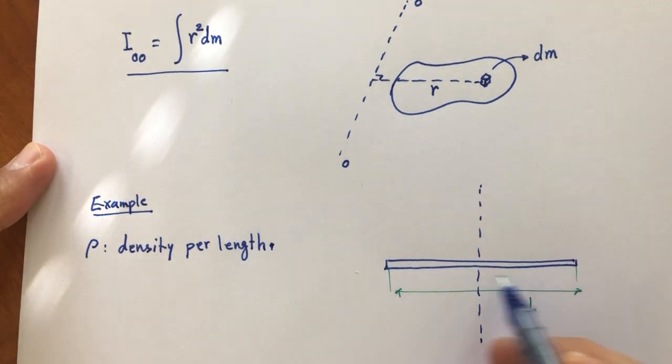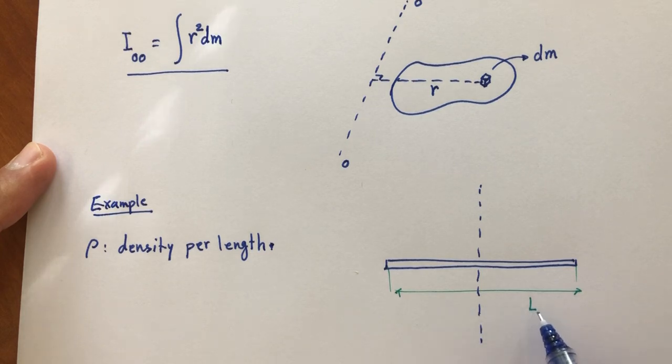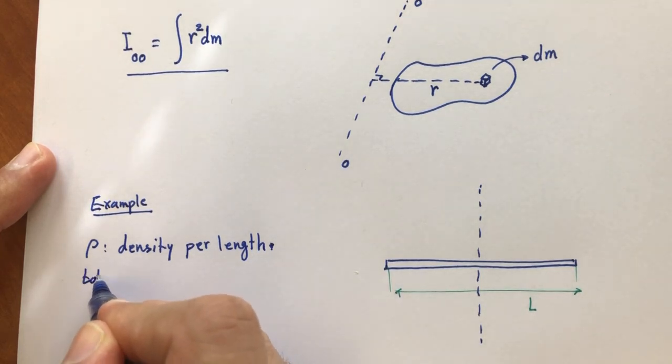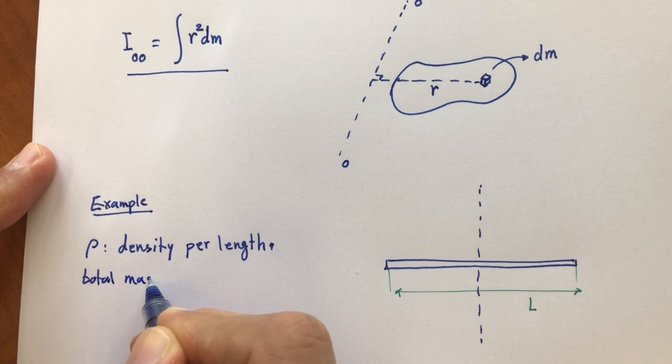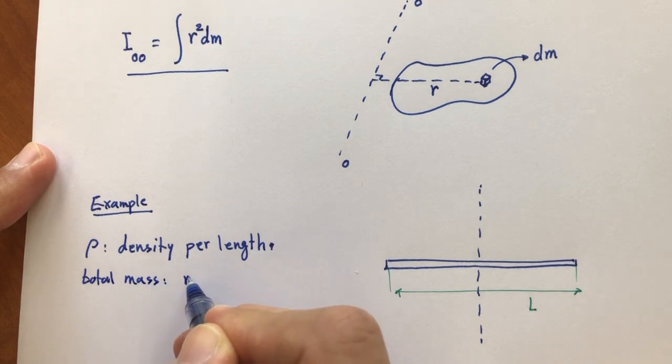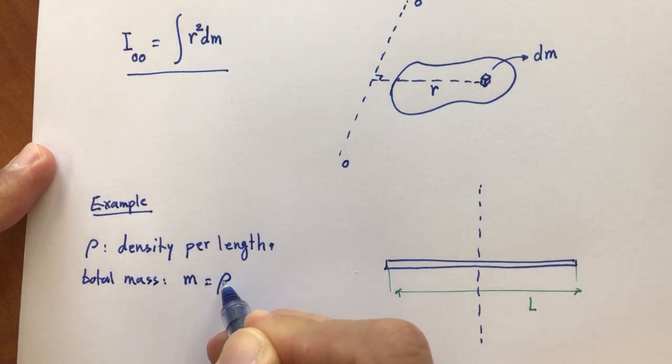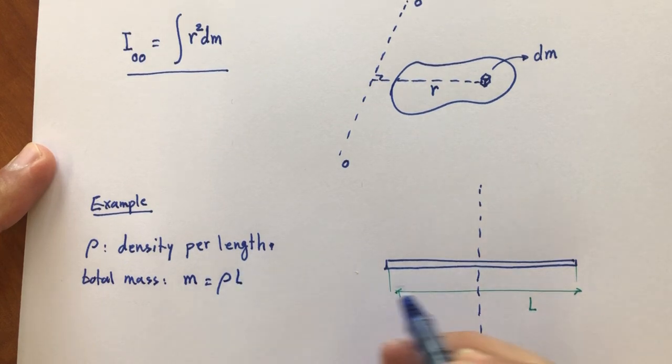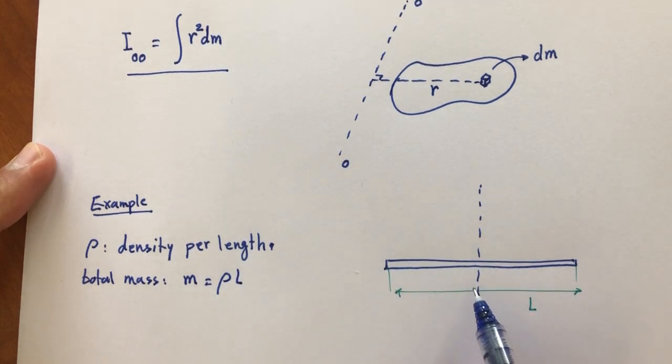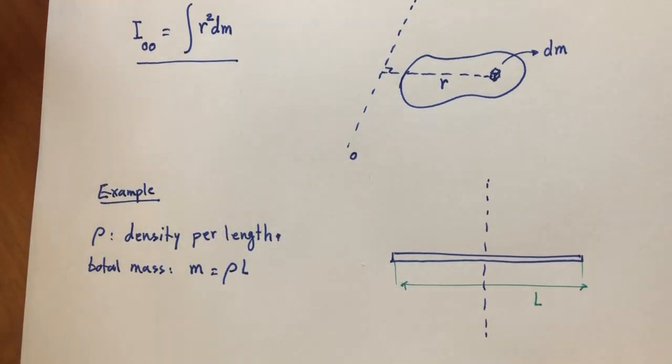Which means the total mass of this rod, if we call it M, is going to be rho times L. For any piece of this material, if you want to find the mass of it, you need to multiply rho by the length of it, right? That's the meaning of rho here.